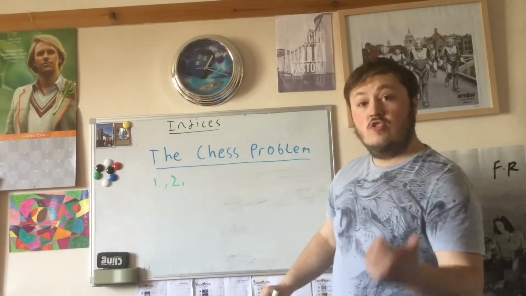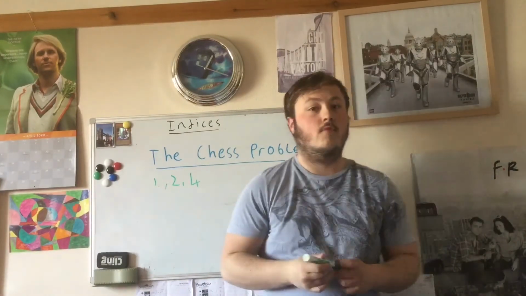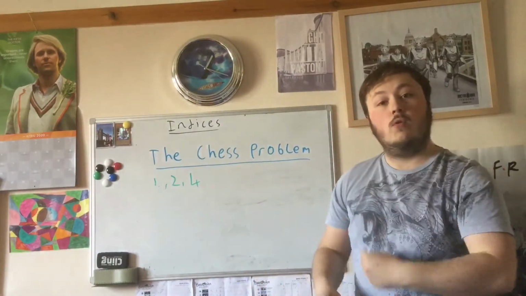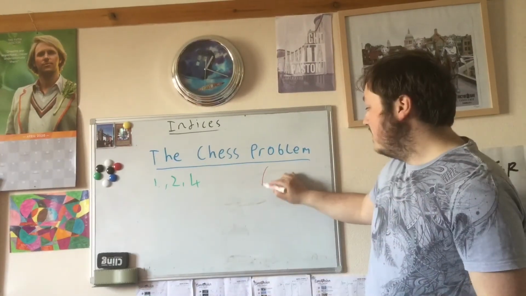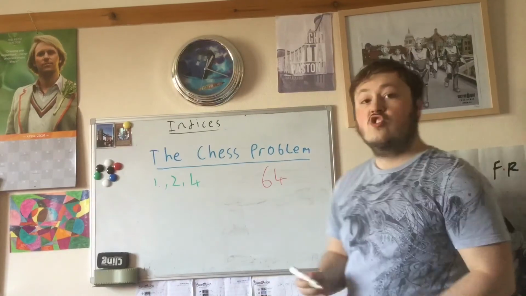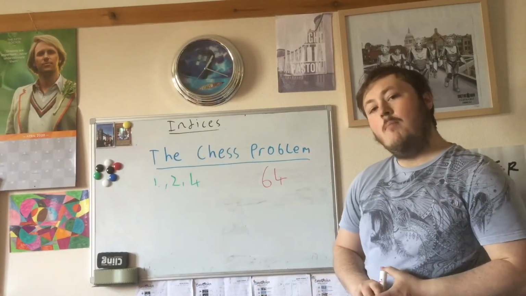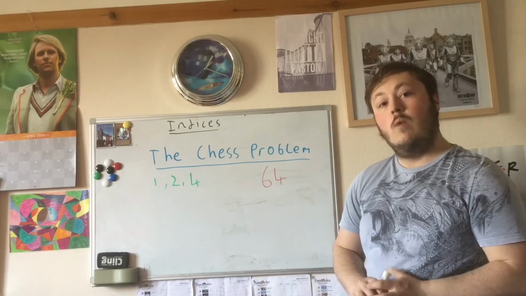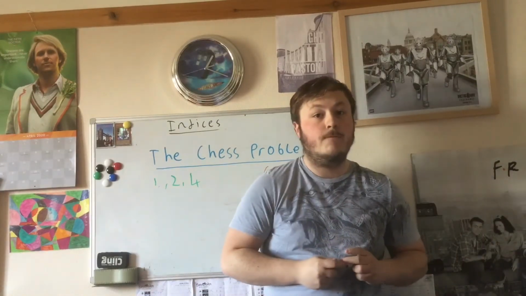And then I want you to look at the third square and put 4 grains of rice. And I want you to double every time." Now there are 64 squares on a chessboard. How many grains of rice will there be on the 64th square?